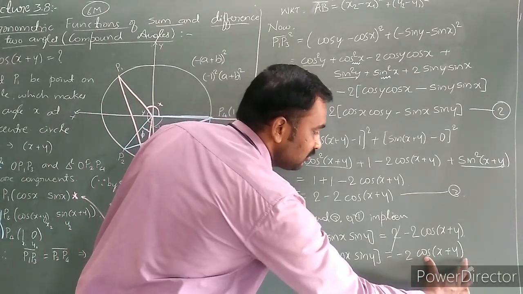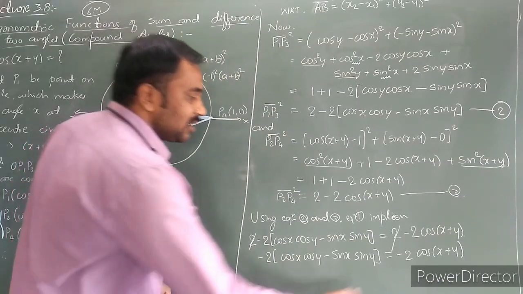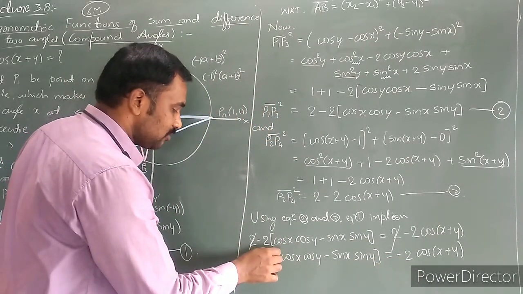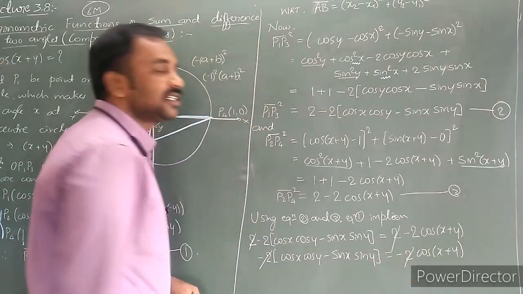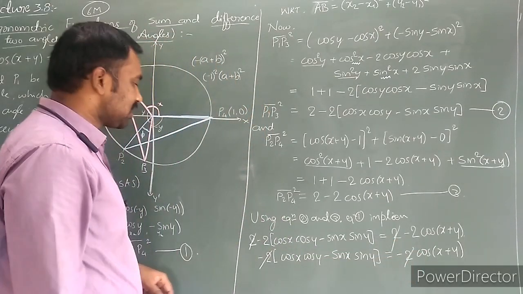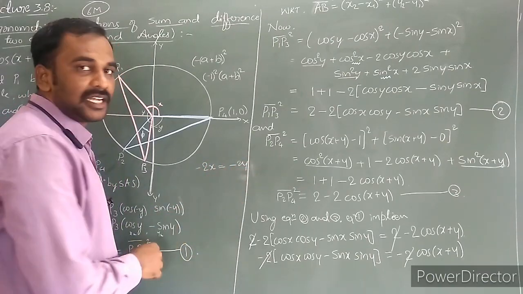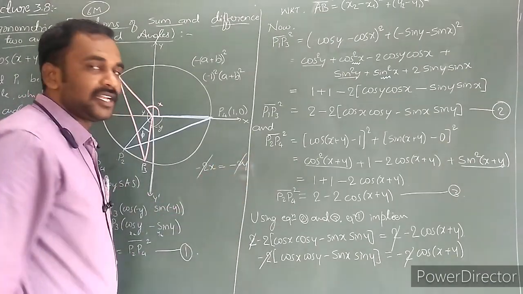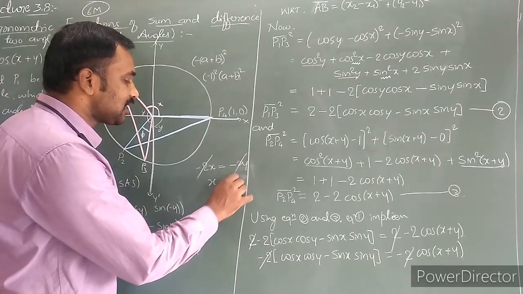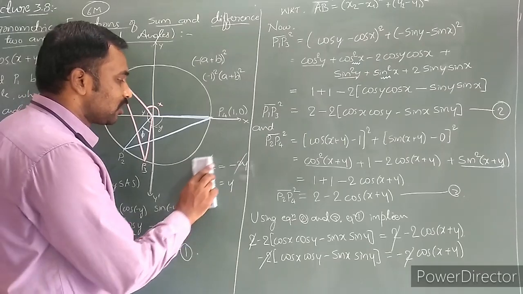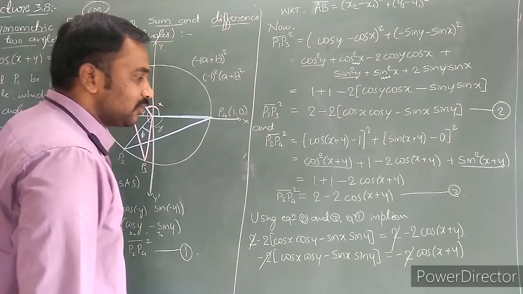Here minus 2 is one term, cos of x plus y is a term. Minus 2 is a coefficient, here also minus 2 is a coefficient. So minus 2 get cancelled. For example, minus 2x is equal to minus 2y, shall we cancel the minus 2, and is it sufficient that x is equal to y? In the same manner here also. Okay. Next, what is left?